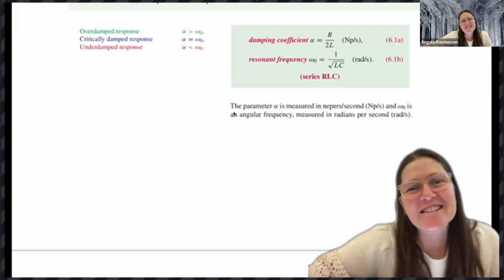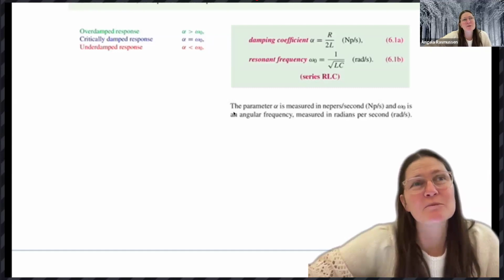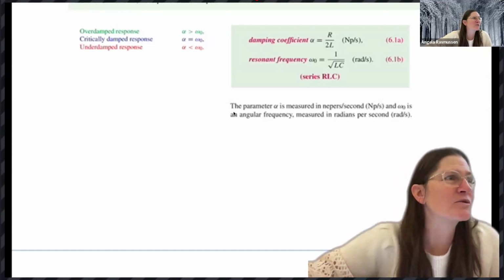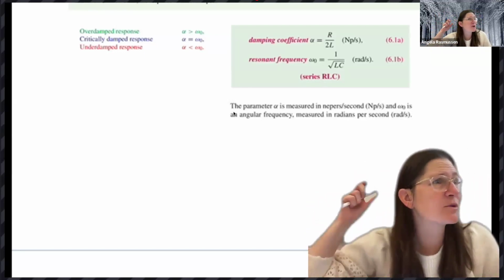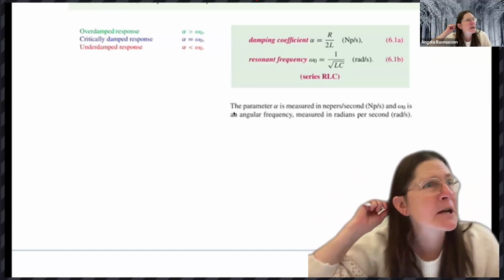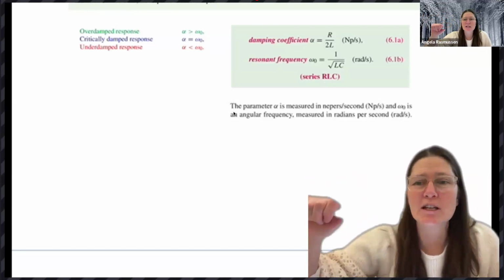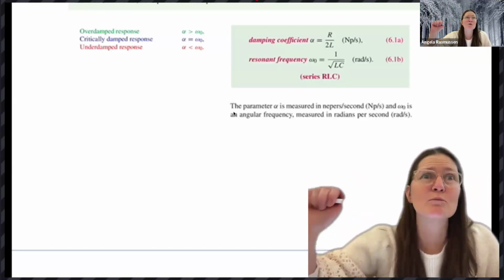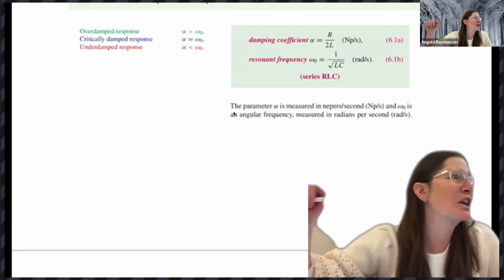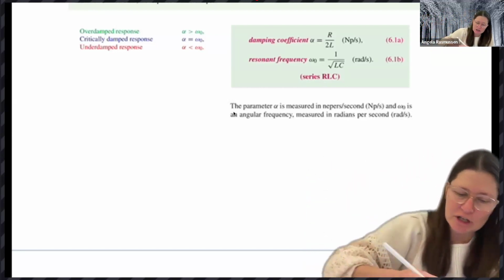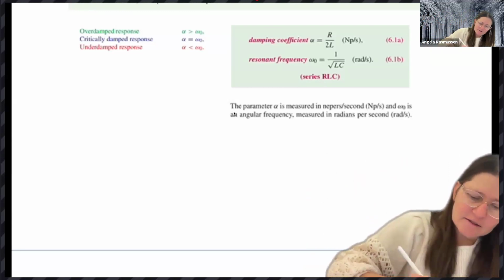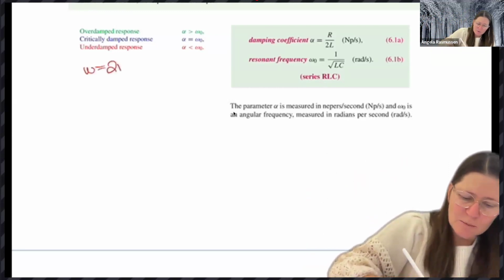Omega naught is the angular frequency. It will still be in radians per second. So omega naught or omega is always in radians per second, and it will always be your angular frequency. Angular frequency is related to hertz, which we're more familiar with. When we look at a sinusoid, we usually do it in hertz, and the conversion is omega equals 2 pi f.